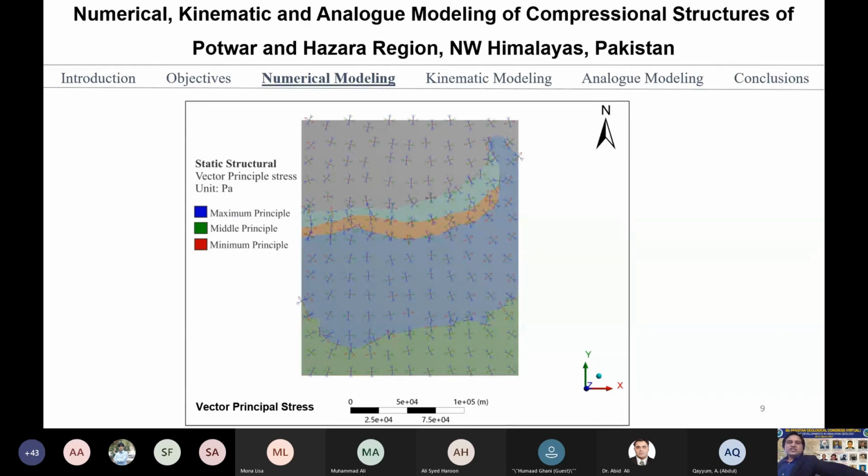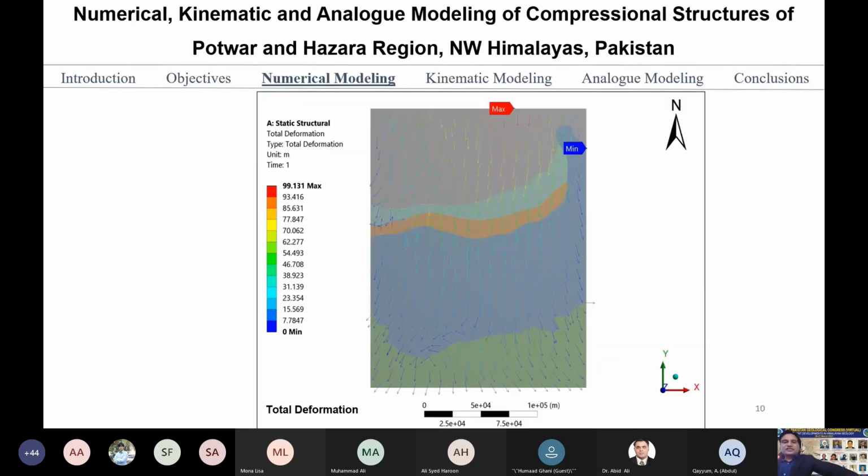So these anti-clockwise and clockwise rotations are due to the change in material properties, the change in the fault angle, and also the magnitude of the force. Like the force applied from the north is decreasing when it passes through different thrust faults, and it continues decreasing towards the south. In the next figure, you can see the total deformation.